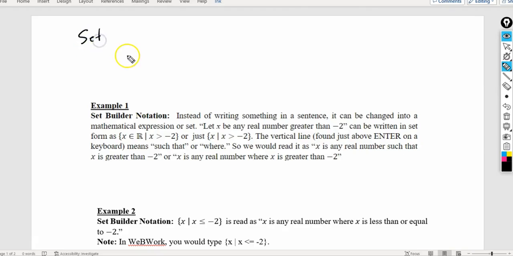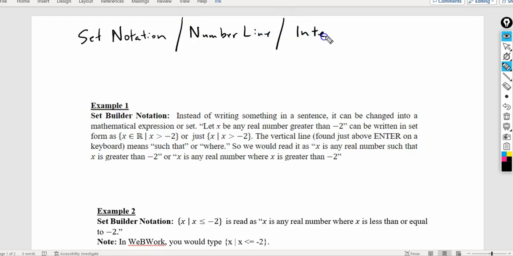there are three ways you can write answers: in set builder notation, or using a number line, or in interval notation or interval form.